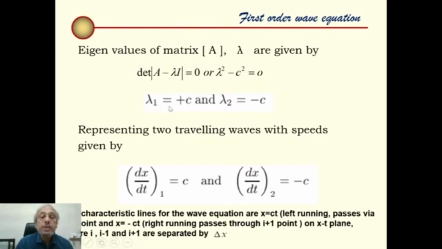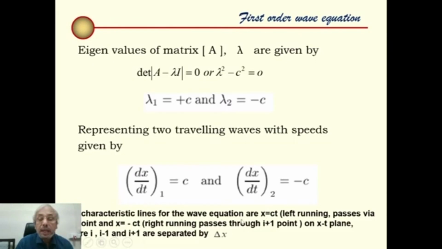We get two roots, lambda 1 equal to plus c and lambda 2 equal to minus c, representing two traveling waves with the speed. One is dx dt equal to plus c, another is dx dt equal to minus c. These can also be called characteristic lines for the wave equation.